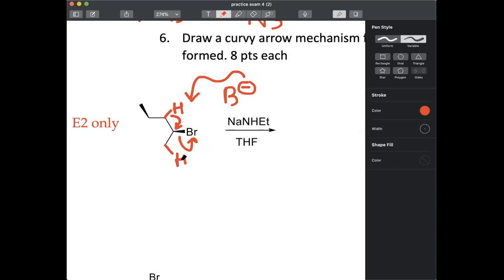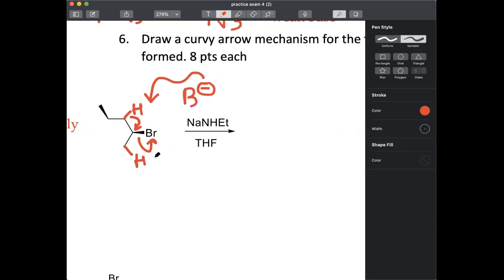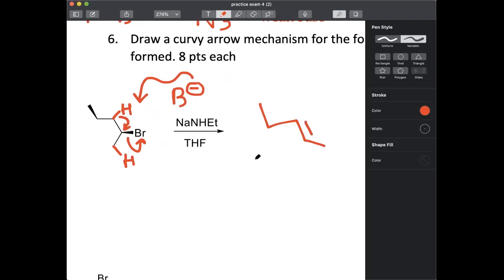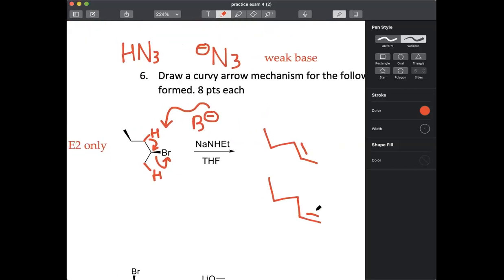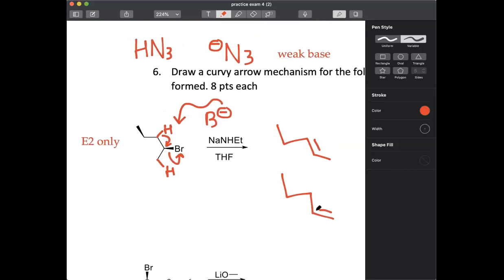You do the same thing for the other proton. So you get a pi bond right here for the one I just took off, and you get a pi bond at the end for the other one. Okay, so that's it.